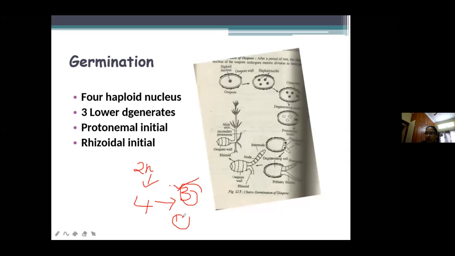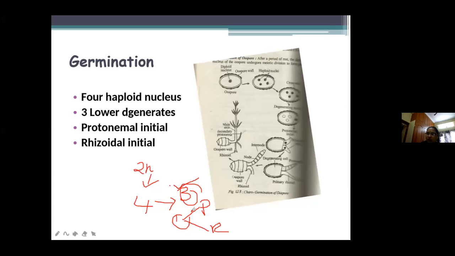This is the rhizoidal initial. The remaining cell divides into a rhizoidal initial and a protonemal initial.